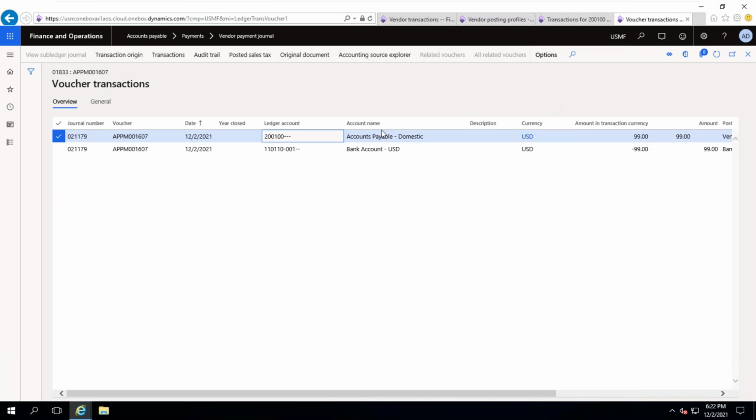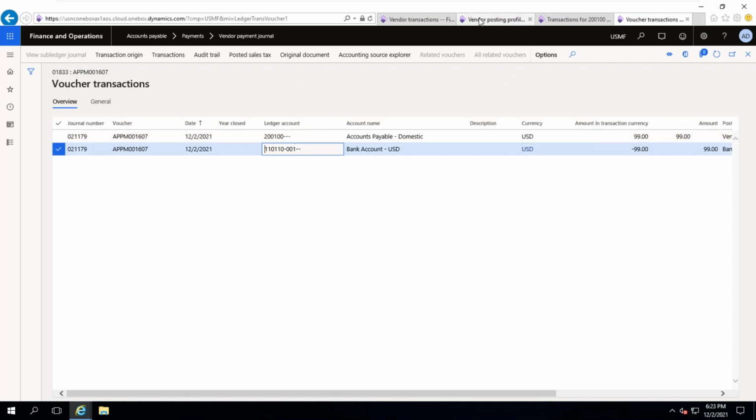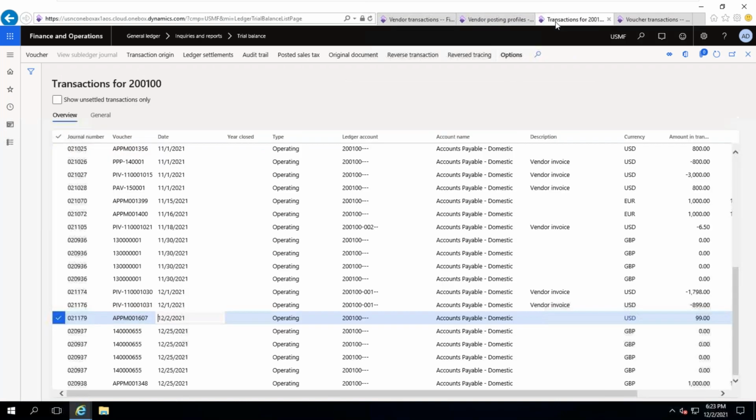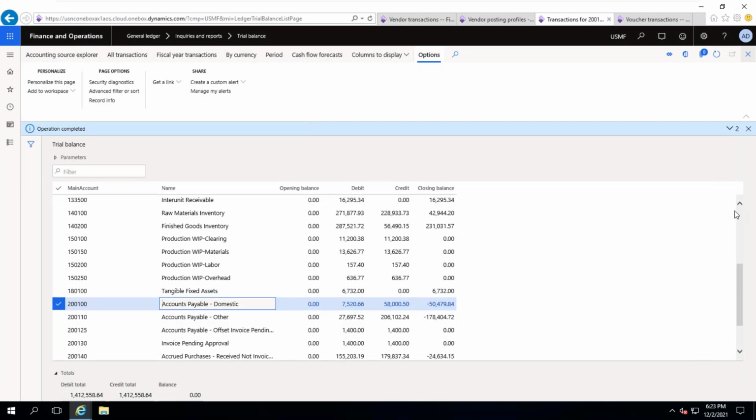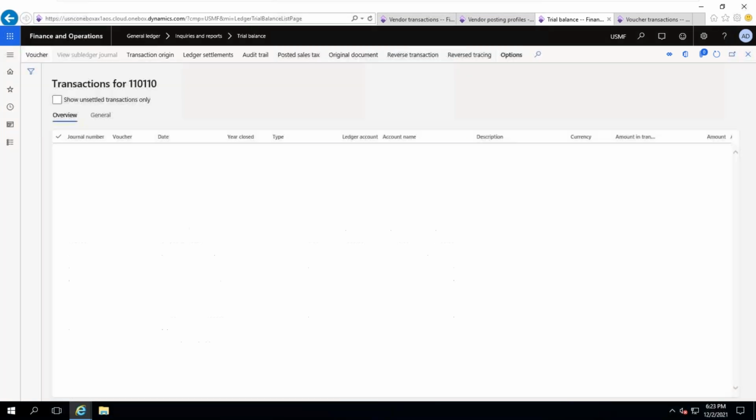In the same manner, we have posted USMF operations. It is posted to 110,110. If you go to trial balance, bank account, and go to transactions, it will show you that 99.